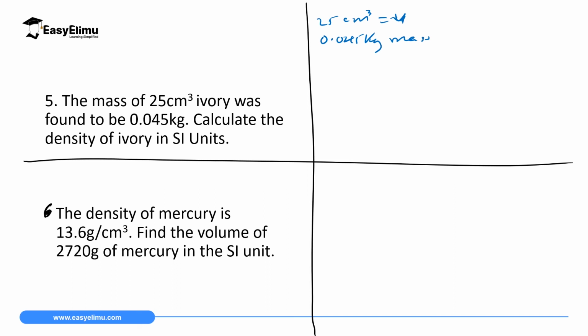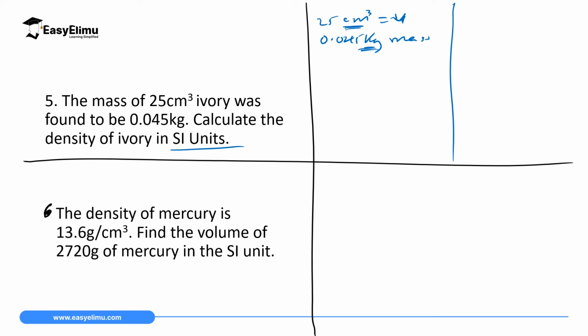Then the question is, calculate the density of the ivory in SI unit. So the first thing to do, you make sure you work with either SI units or you convert them to have uniform units. If you are using centimeter cubed, then here it must be grams. If you are using kg, it must be meter cubed.